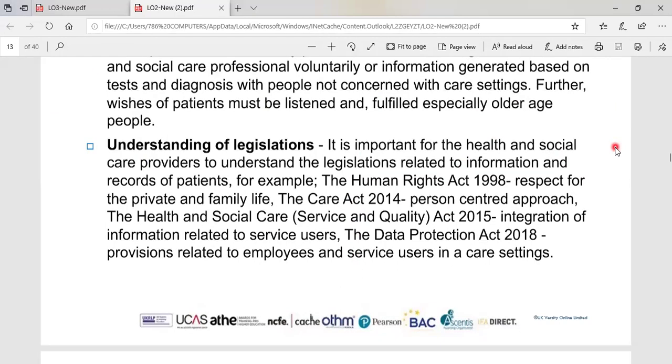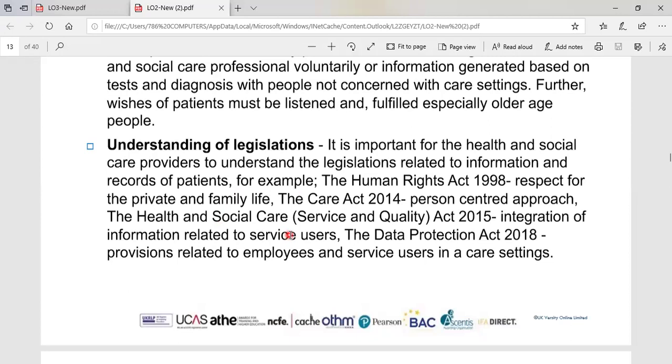So an understanding of legislation is very important. We have a list of legislation. For instance, the Human Rights Act 1998, which respects the private and family life of every individual. The Care Act 2014, which has a person-centered approach. We've talked about it a lot previously.